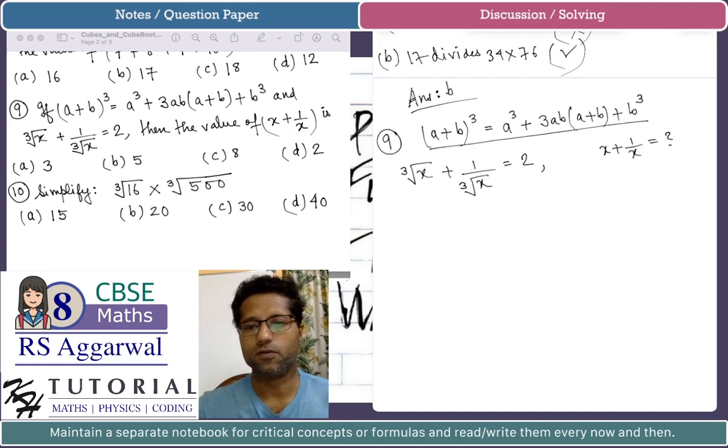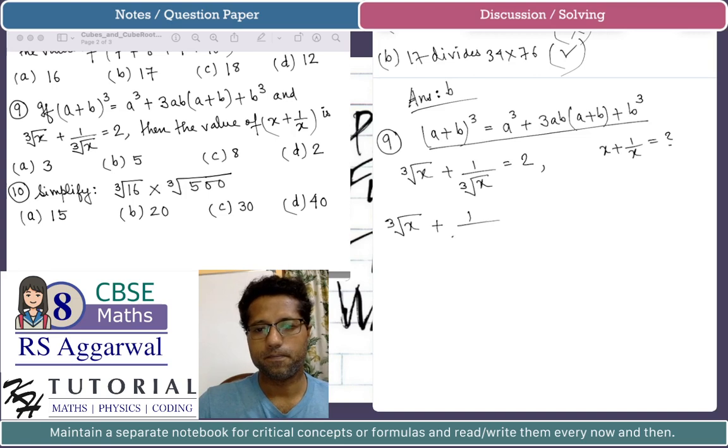So from this, I can take the power of 3 on both sides, and I will get cube root of x plus 1 by cube root of x, this whole cube, should be equal to 2 cube, that is, 8.